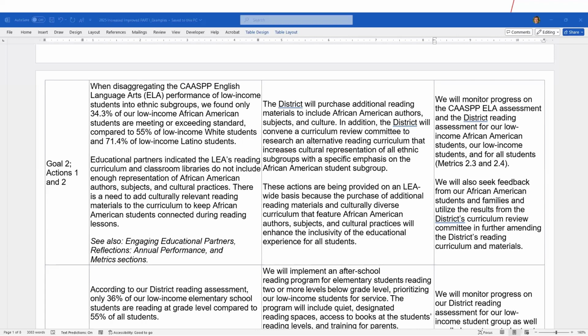So you want to check, is this working? And you need to be able to see in your metrics, is it working? And then also that secondary effectiveness piece, we will also seek feedback from our African-American students and families and utilize the results from the district's curriculum review committee in further amending the district's reading curriculum and materials.